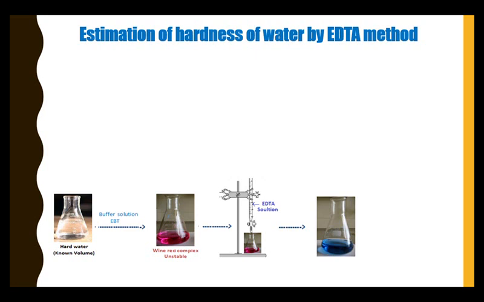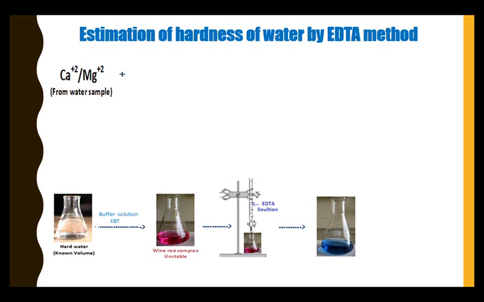So these are the actual changes we can see during the course of titration, but as a chemist we should look at what are the chemical reactions taking place during the course of the titration. So let us look at that. When we take a hard water sample, we all know that hardness is caused by calcium and magnesium salts, so the calcium plus 2 and magnesium plus 2 ions are present in the water sample.